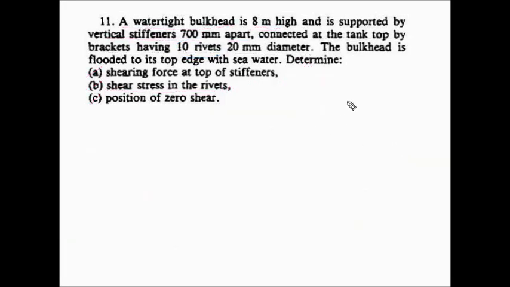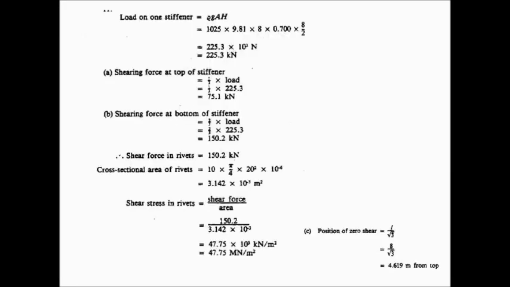These are the things we are going to do. I hope everything is clear. Now we will move to the steps involved in the numerical. You can see now, we need to calculate the shear force at the top and the shear force at the bottom.